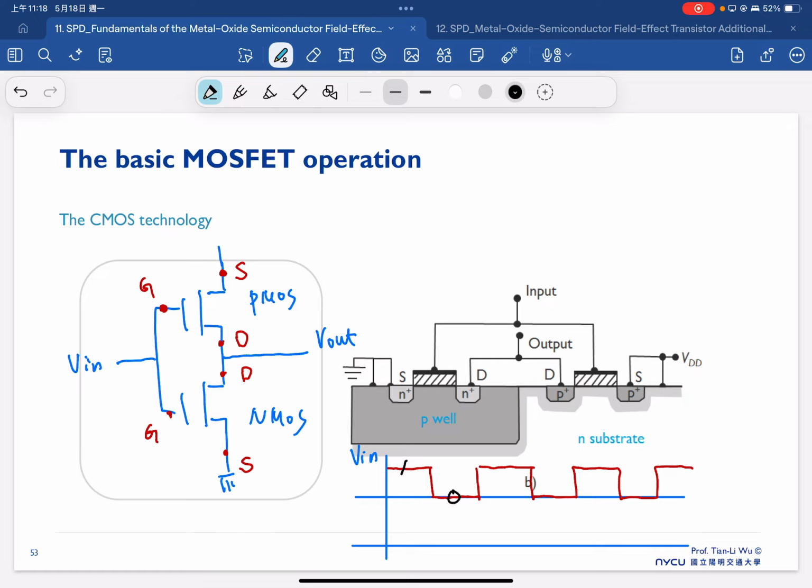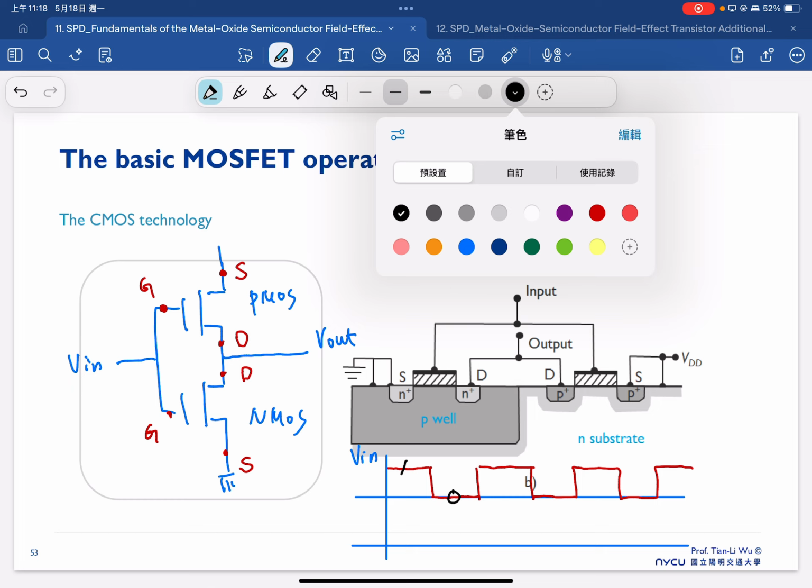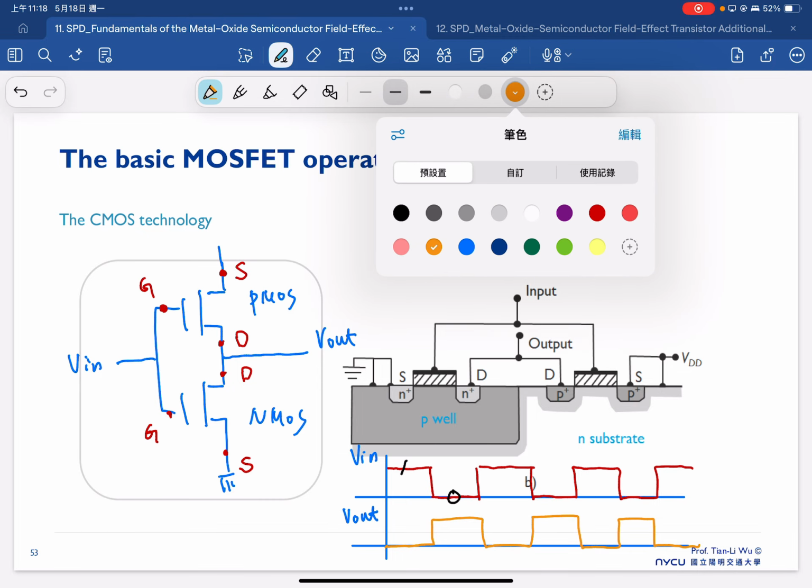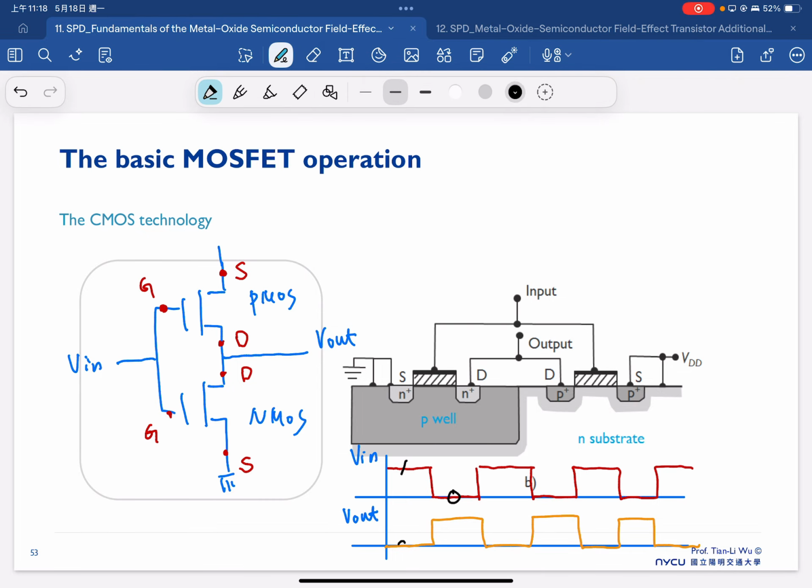By using this inverter, we will have the V out. So we give the 1 in the input, we have the 0 in the output. We give the 0 in the input, we get the 1 in the output.